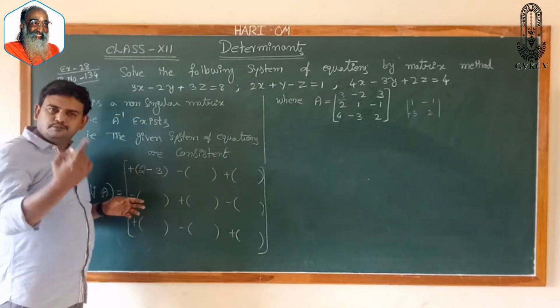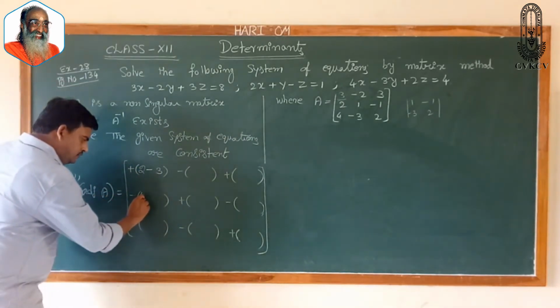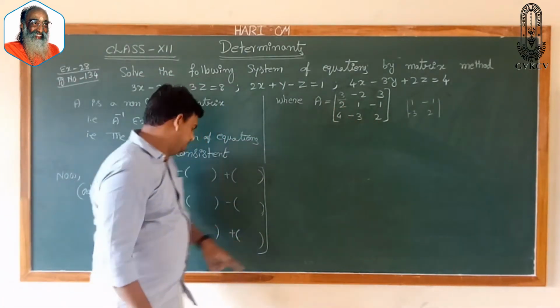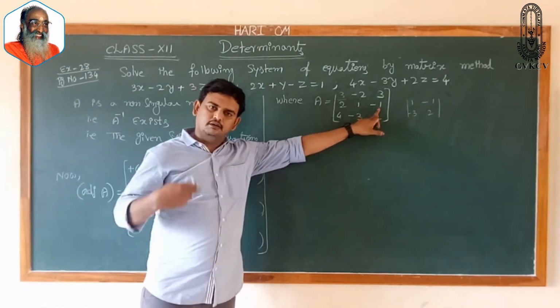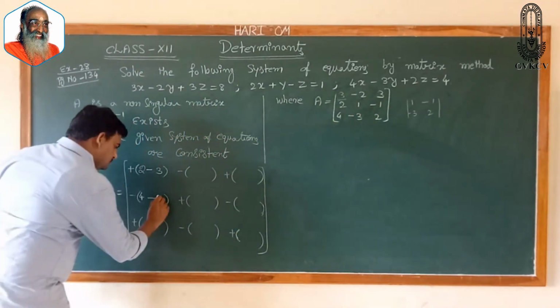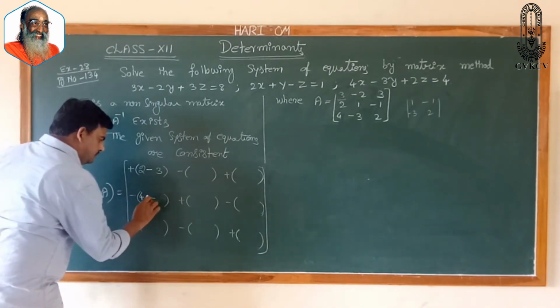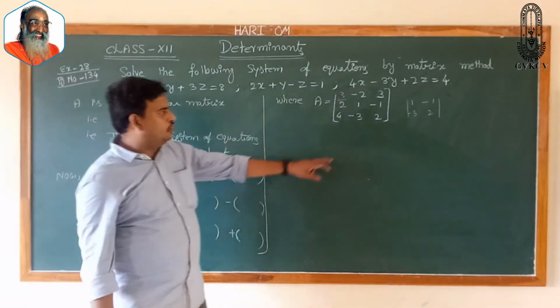Now I told you, transpose. Transpose means rows will change as columns. So here I have to write 4. So 2 2s are 4 minus 4 into minus 1, minus 4. So here I have minus 4. Otherwise simply you can write minus of minus plus 4.